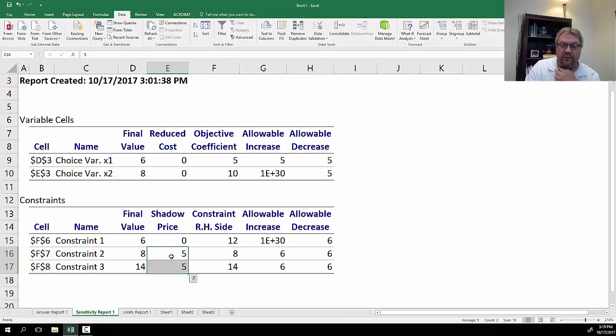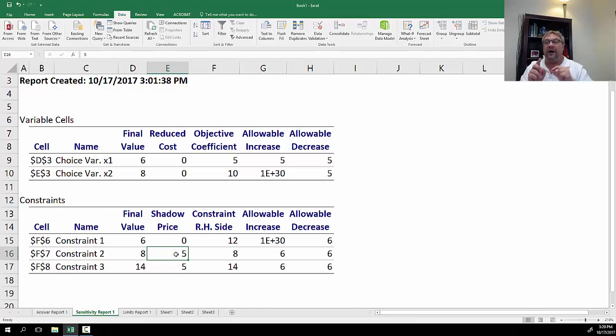So what this is telling us is that if I were the manager here, I would want to invest more or pay more to get more units of constraints 2 and 3. But the nice thing about this shadow price is that you could think of it as the maximum you should pay, right? Because this shadow price is telling me that if I increase constraint 2 by 1 unit, my profit will go up by 5.